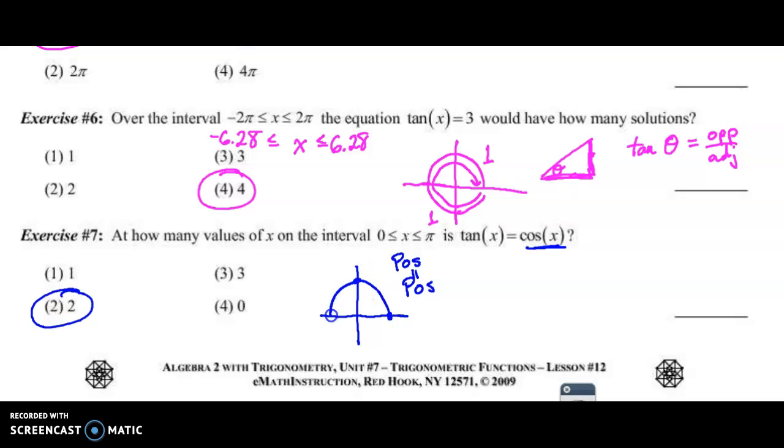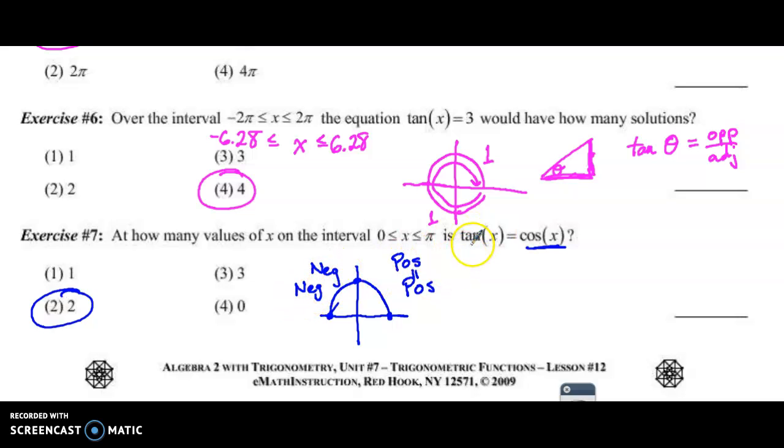And then in the second quadrant, because we care about going all the way to pi, tangent's negative, and so is cosine. So the values for cosine would be between negative 1 and 0, and the values for tangent would be between negative infinity and 0 as well. So they do cross.